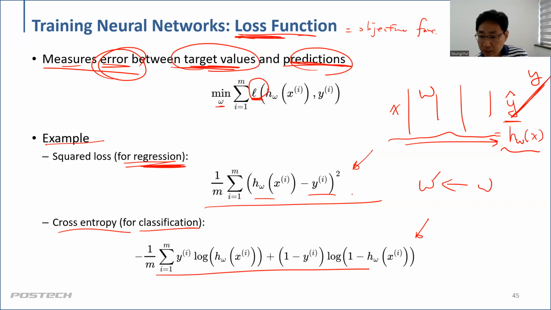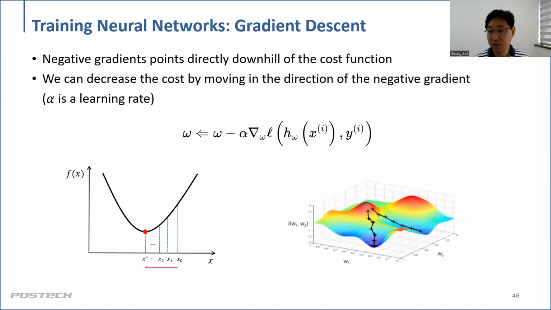And the next thing is how do you update the omegas? There are probably many ways, but the only thing that we learned is gradient descent. Here we're going to use gradient descent to update the omegas, even in the neural net.